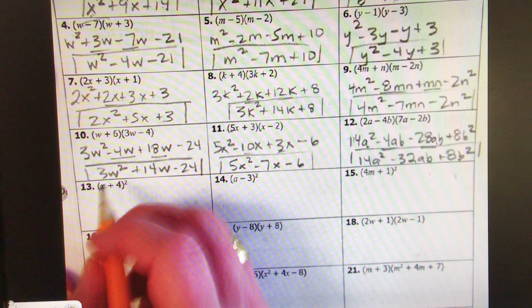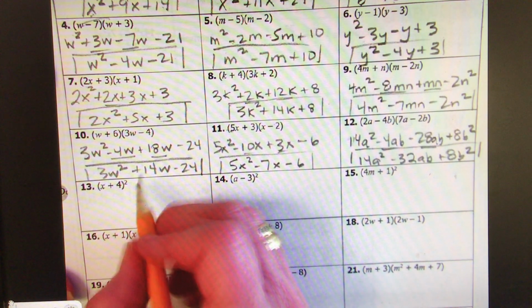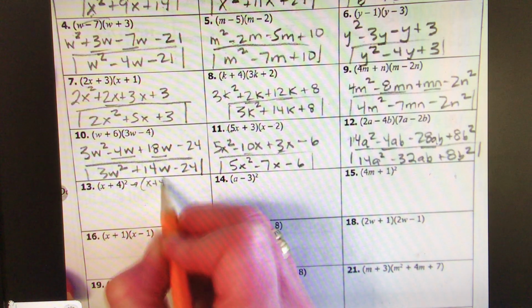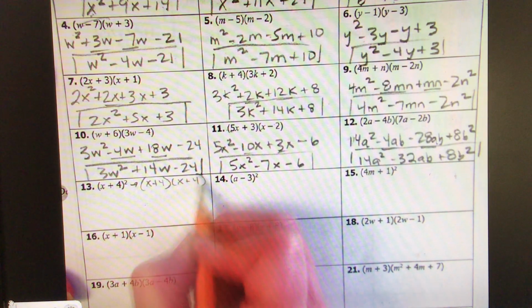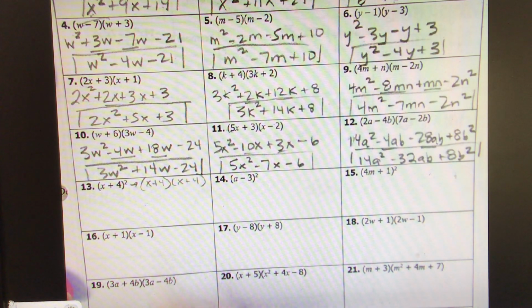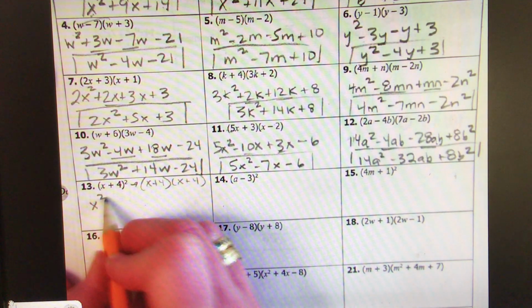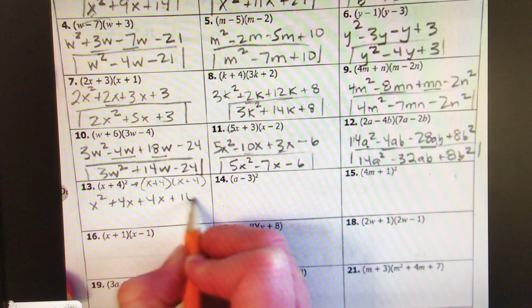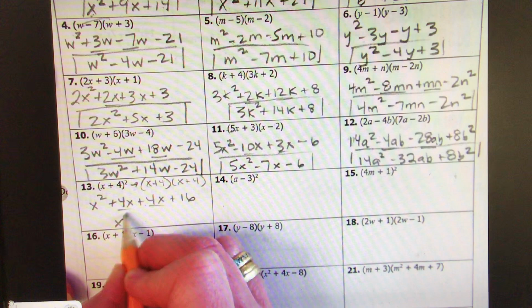Okay, 13. Well, if I want to rewrite this, which is not a bad idea, just so you know what that really means, I highly encourage you to do that. So I've got x squared. I've got 4x. I've got 4x. I've got 16. I got to combine.